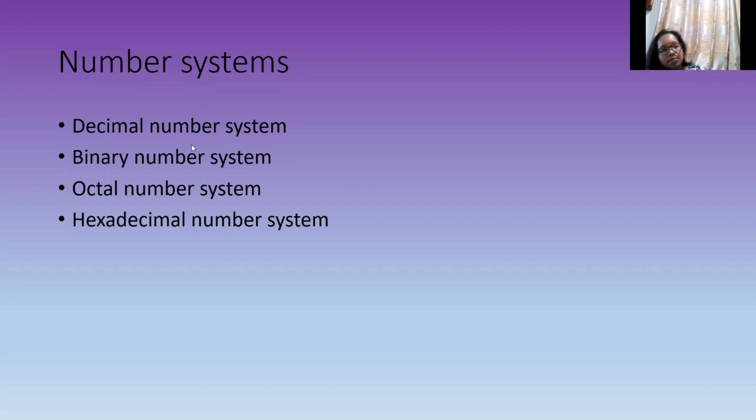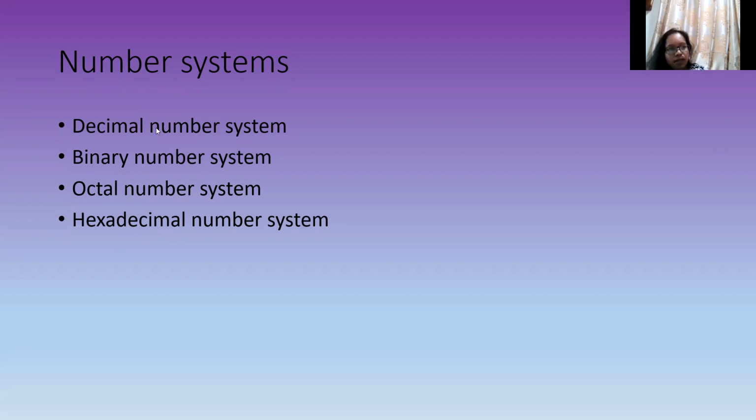Normally a number system consists of a fixed number of symbols, and we use those symbols to do calculation and representation, right? The octal number system was used in some older computers, but it is not used in today's computers. If you take the hexadecimal one, mainframe computers still use this hexadecimal number system, right?